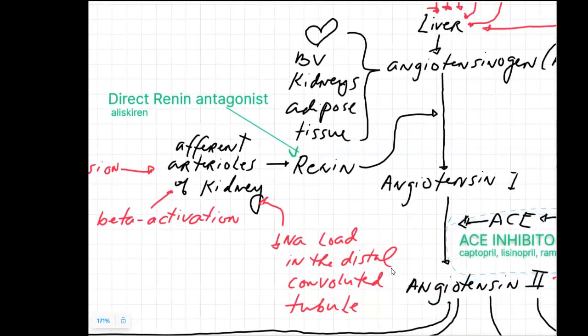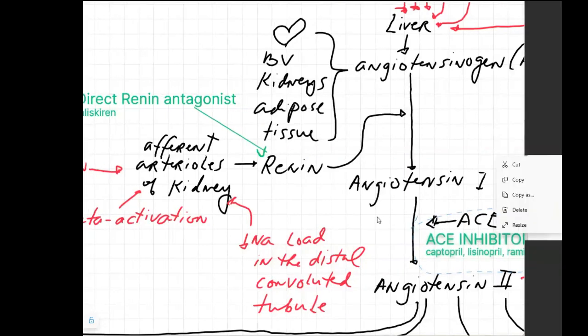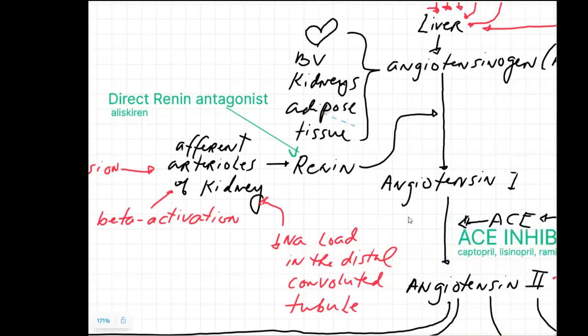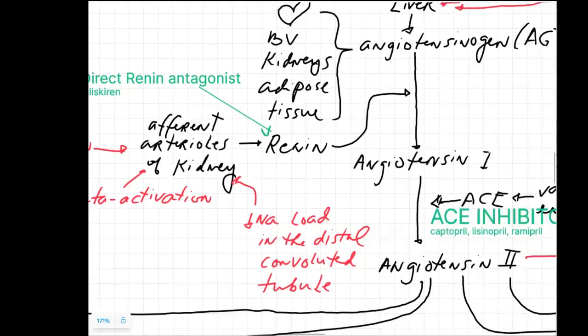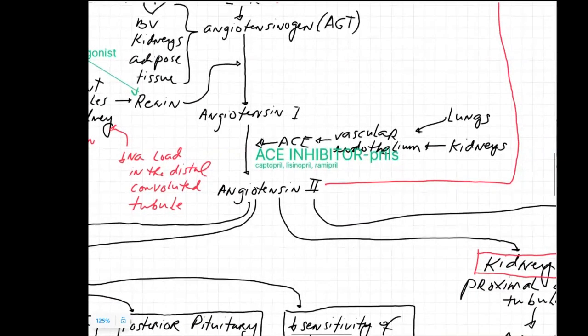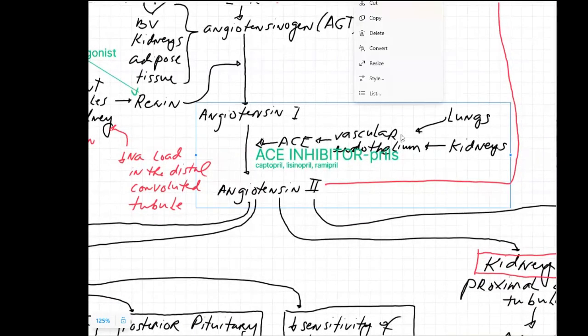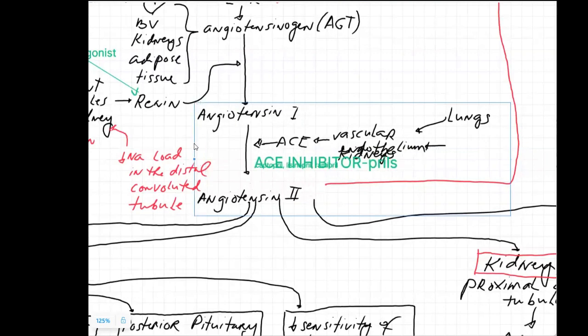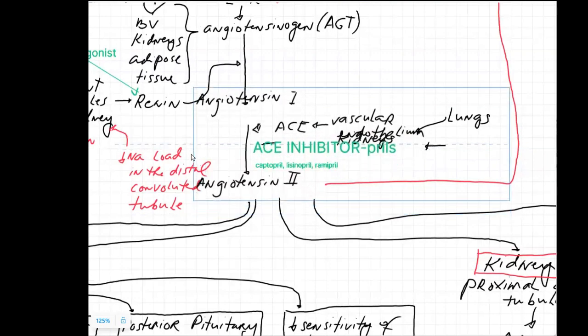So one thing to remember about ACE inhibitors, however, is that the way it actually works is by stopping the conversion of angiotensin 1 to angiotensin 2, and that happens in the lungs.